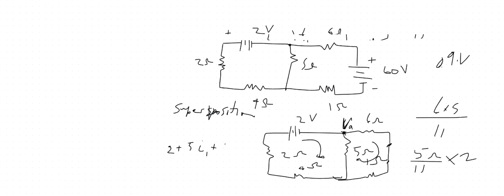I don't get how we got that. Well, you don't get it. So you did 6 ohms times, so I did 5 over 11.